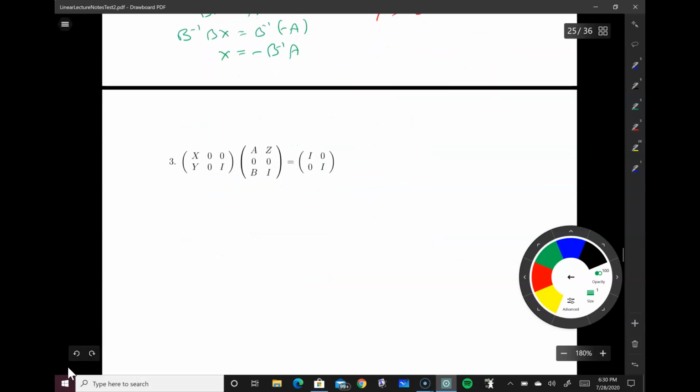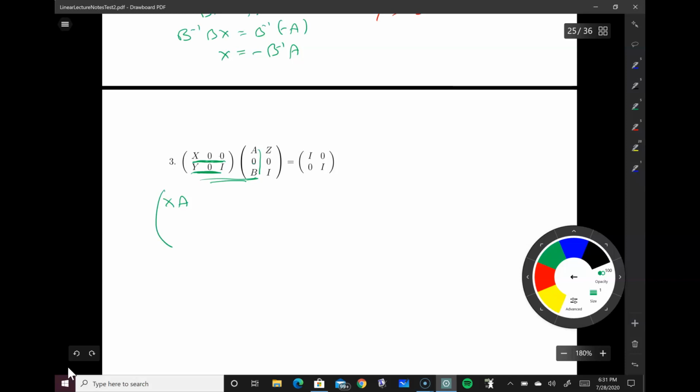All right, let's move on to this next one here. So the same thing, I'm going to work the multiplication on this left-hand side. So I get X times A, right? Multiplying this row times this column. Then I get a 0 and a 0. So that's all I get.